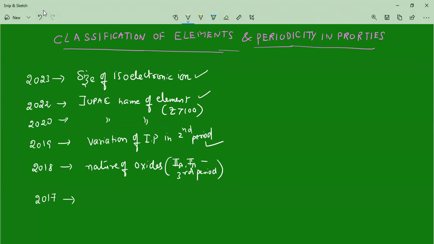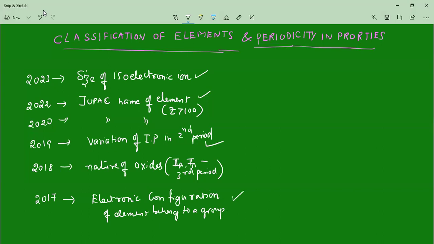When it comes to the 2017 medical examination, they gave the Z value and asked for the electronic configuration of the element and the group it belongs to.